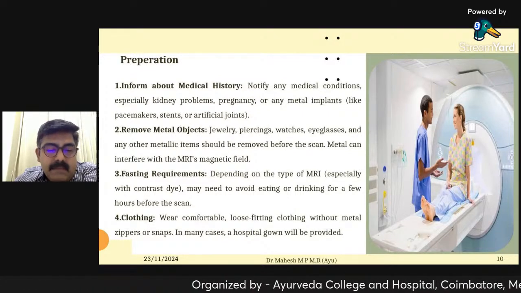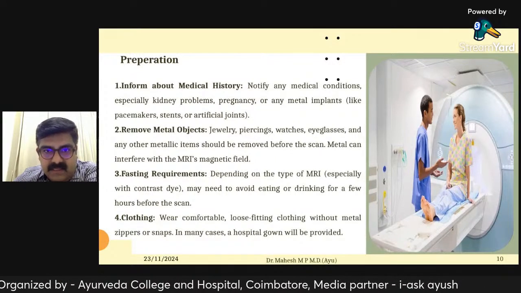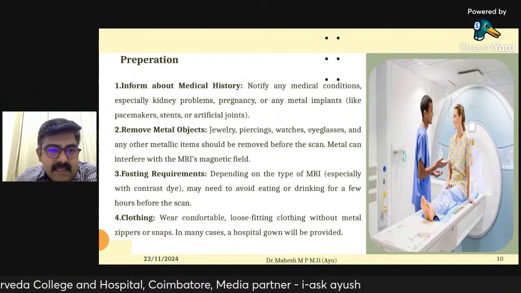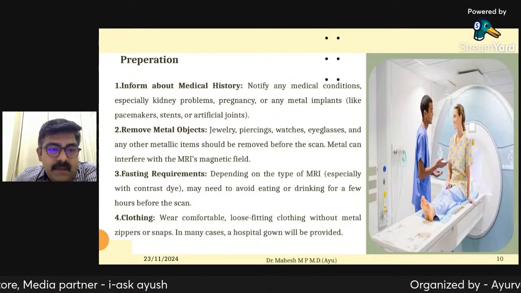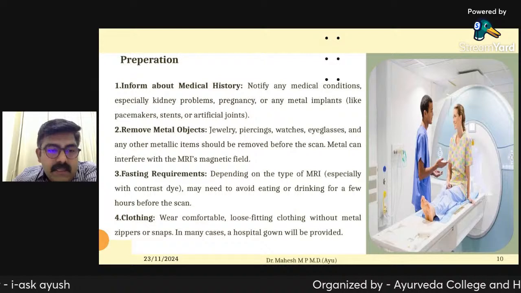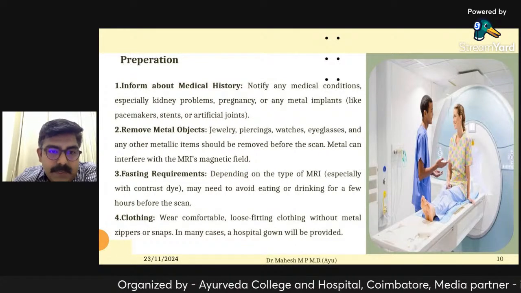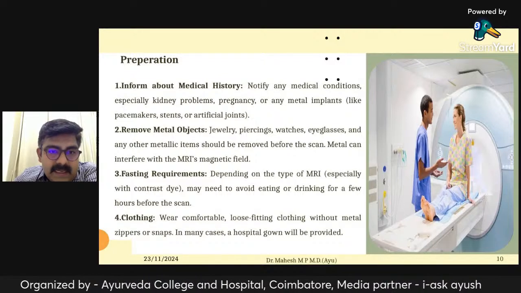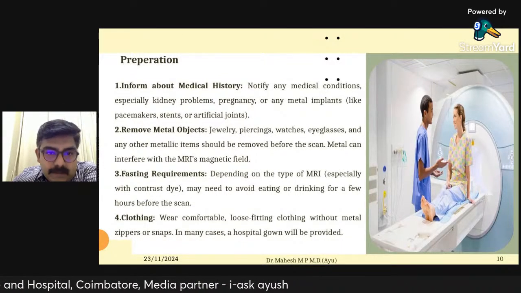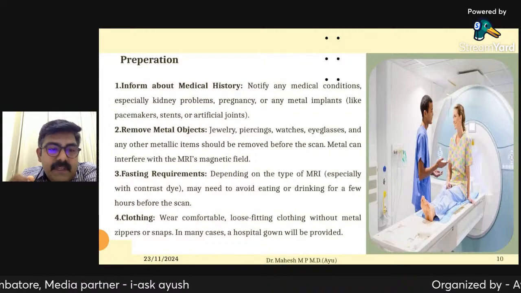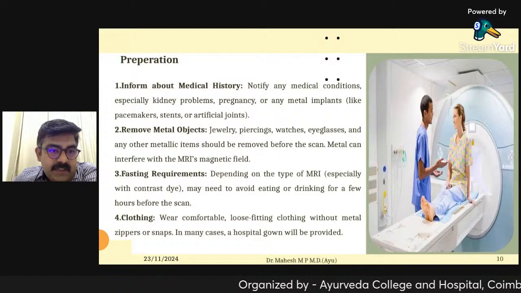Usually the MRI scan is not recommended in the first trimester unless it is very essential. These things have to be clearly noted, and all metal objects on the body, like jewelry, ear piercings, watches, eyeglasses, and any other metallic item, should be removed before the scan. Metal can interfere with the magnetic field, as it is a very strong magnetic field.